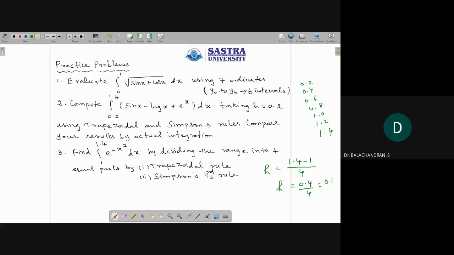So 1, 1.1, 1.2, 1.3, and 1.4. So there are 4 intervals. 1, 2, 3, 4. Okay, we have 4 intervals. So it is an even number. So then you can apply only Simpson's one-third rule, but you can apply trapezoidal rule, but you can't apply Simpson's 3/8 rule.